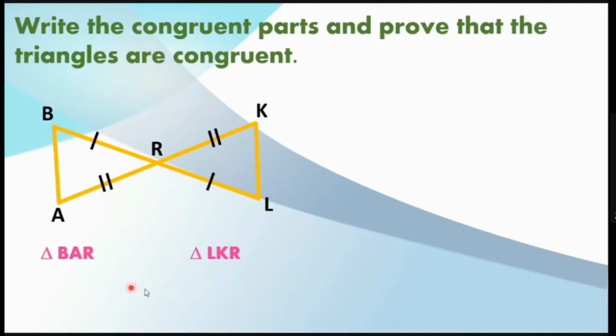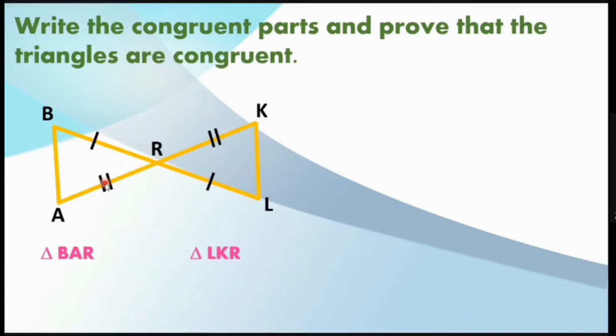Now, as we can see, there are two pairs of corresponding sides that are congruent. Can we identify another corresponding parts of these two triangles in which we are sure that those two corresponding parts are congruent?